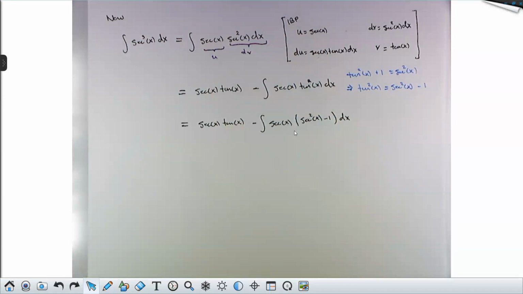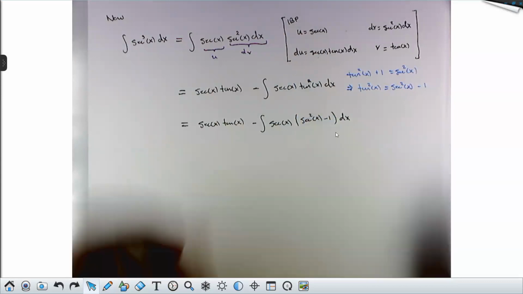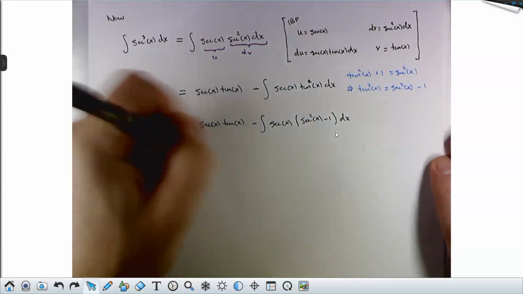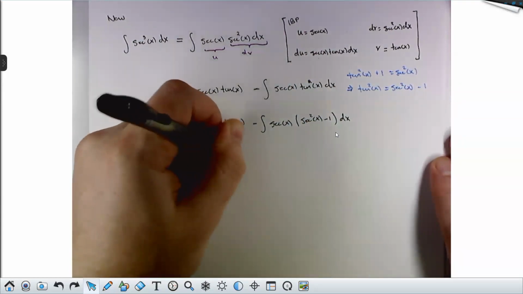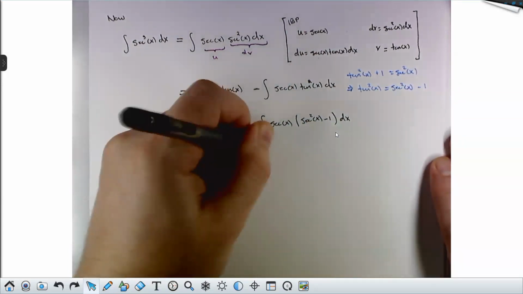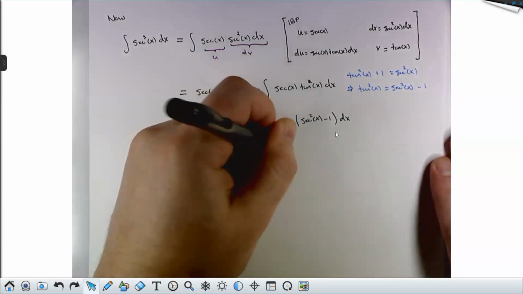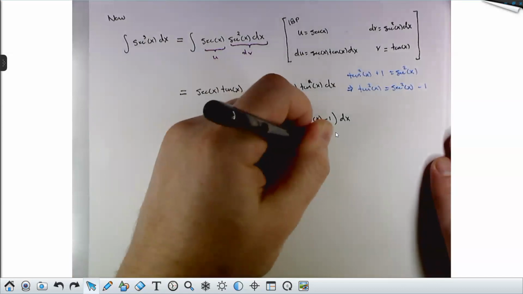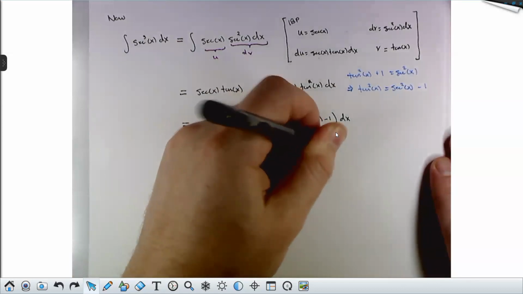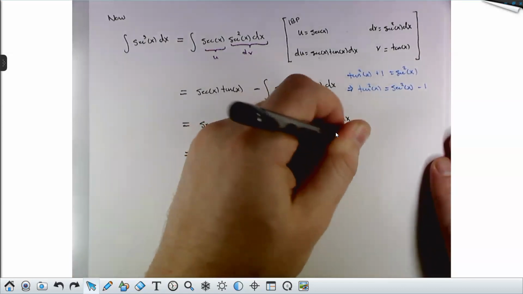Next, I'll distribute this over these two terms. And that'll give me secant cubed x minus secant x dx.